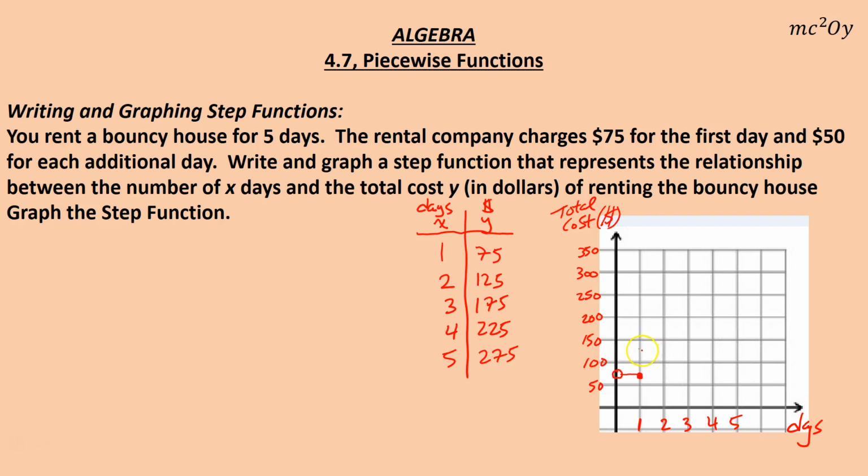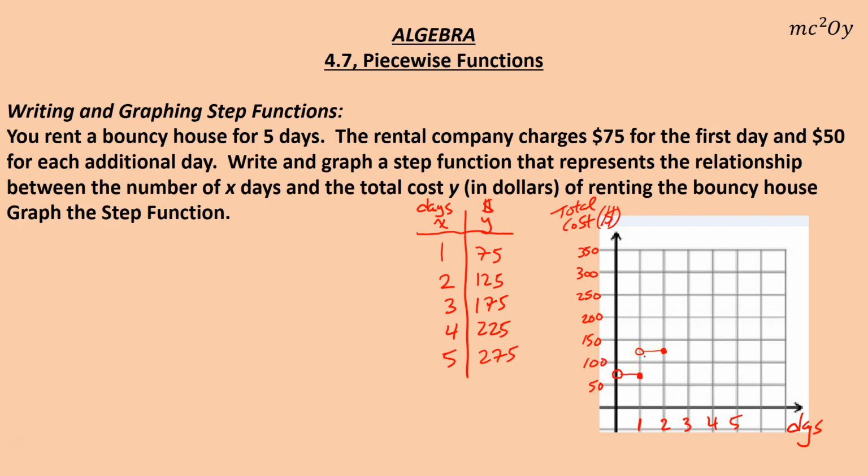So if I take it from anywhere bigger than 1 day and go all the way to 2 days, I can get it for a full 2 days for 125. Or I can get it for 48 hours for 125. Or I could get it for, say, 1 day plus another 2 hours. Still cost me $125.